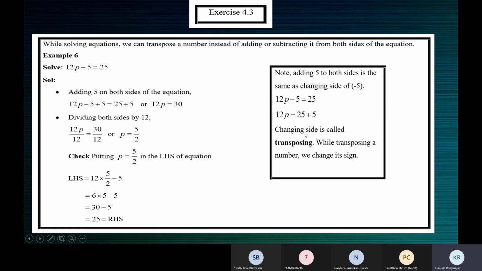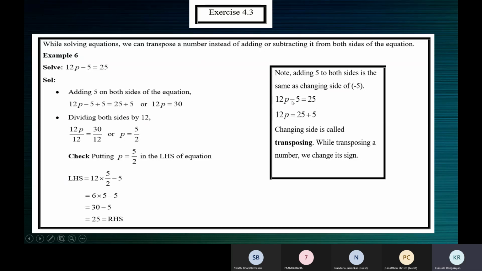So now you can also do this like this. See the information in the box here. Adding 5 to both the sides is the same as changing the side of minus 5. Take the equation 12p minus 5 is equal to 25.